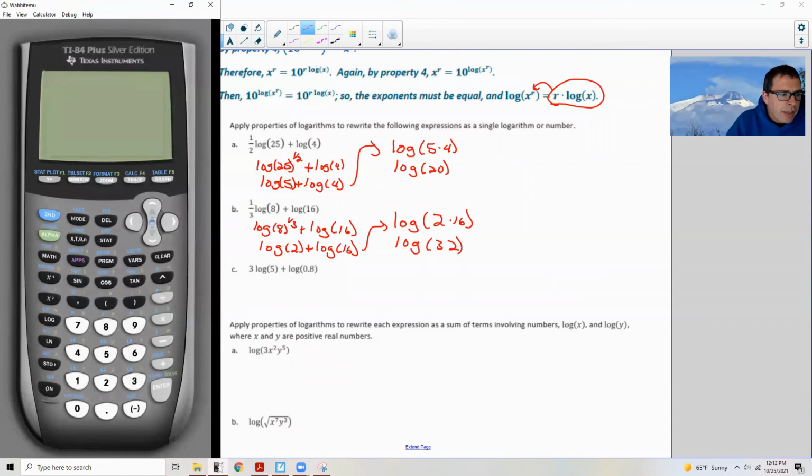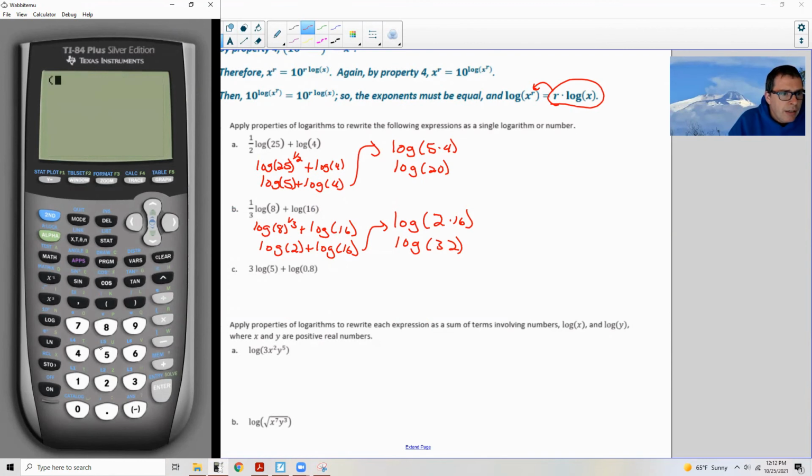And I can always check that with my calculator when I'm done. So if I do 1/3 the log of 8 plus the log of, whoops, not natural log, the log of 4, and I get an answer, then I check the log of 32, they should be equal. Okay, so what did I do wrong here?